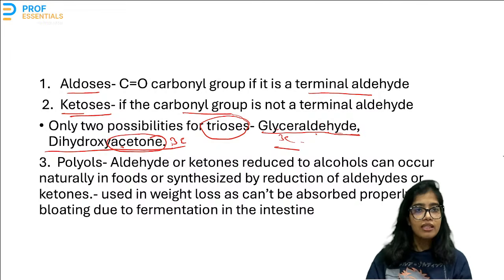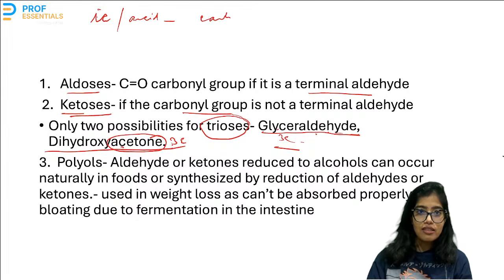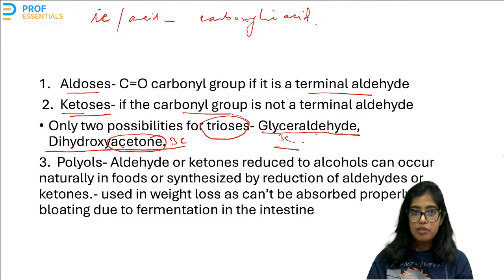I hope you guys know that the suffix "ic" or acid refers to carboxylic acid in organic chemistry. "One" refers to ketone, like dihydroxyacetone.